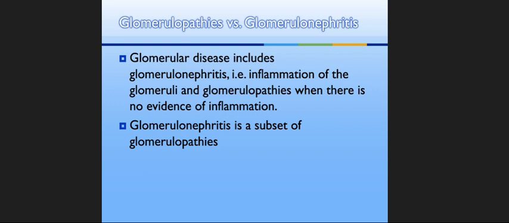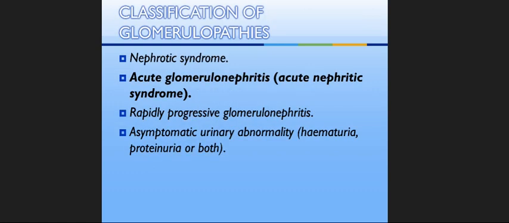The classification of glomerulopathies. First group, it is nephrotic syndrome. Second, it's acute glomerulonephritis, between brackets, acute nephritic syndrome. You will find later that we have two entities, nephrotic syndrome and nephritic syndrome, and there are big differences between each of them.